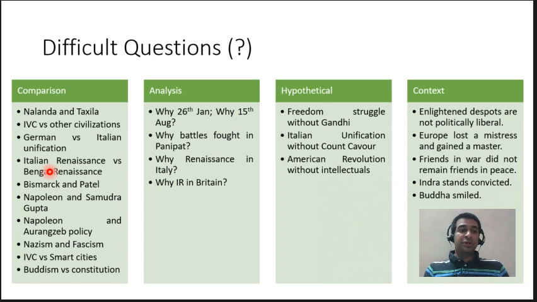Now, this is much more difficult for the students because, as I told, no standard textbook or standard historian would try to draw the parallels. At the max, they might mention one or two lines that there is the Bengal Renaissance, which happened in India, and which is different from the Italian Renaissance. But writing 200 words just based on these points becomes very tough for the majority of the students.